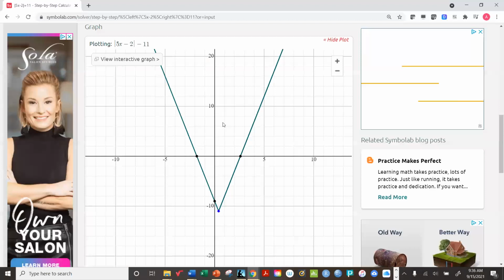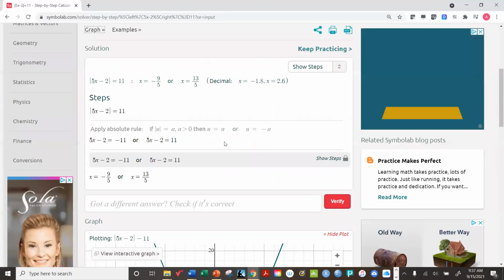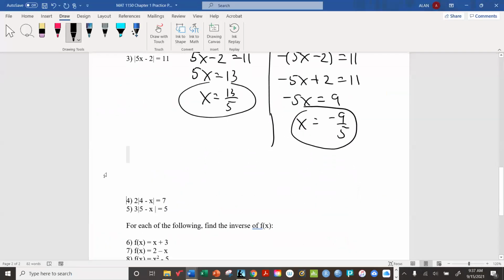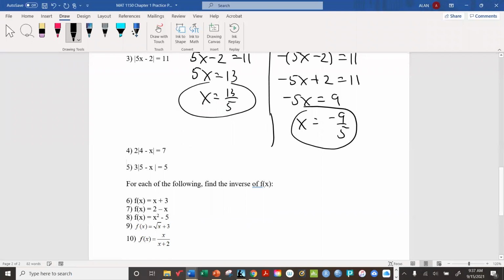What do you know? Also, I noticed that once again, they're doing it in a slightly different way algebraically. But we're getting the same answer. That's what matters.